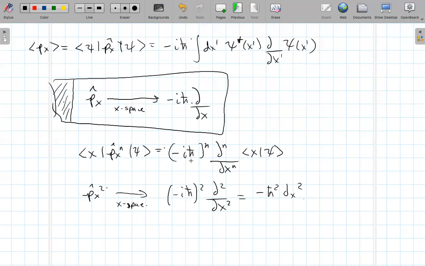So that's all this means. If I act on it n number of times, I get n copies of the same thing, all acting on this wave function. This is all stuff you should have seen before in modern physics, but this is where it comes from.